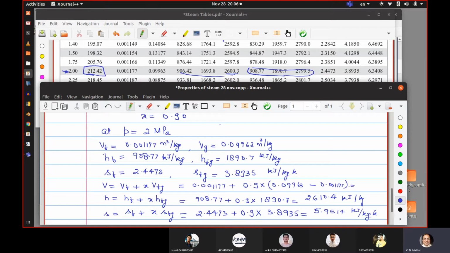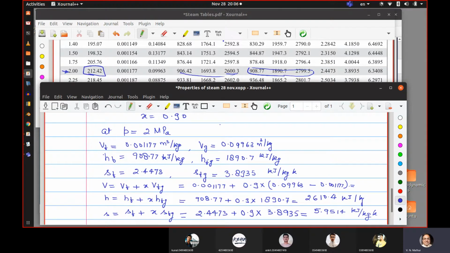Okay, now if you solve this, it comes out to be 0.09963 minus 0.001177.